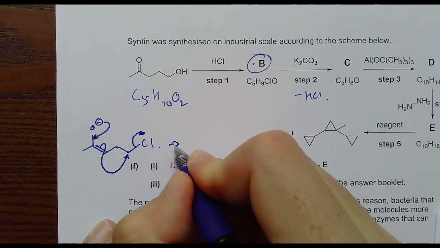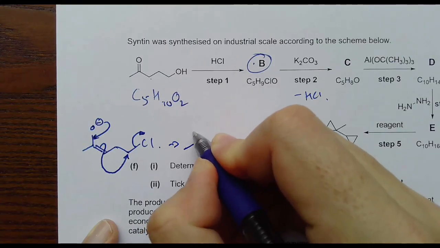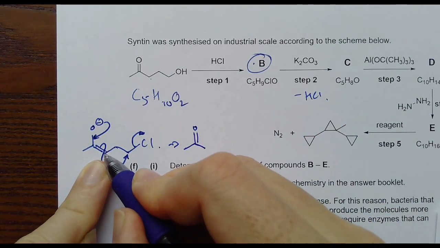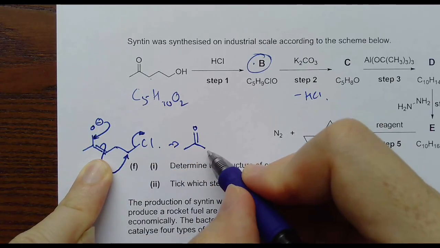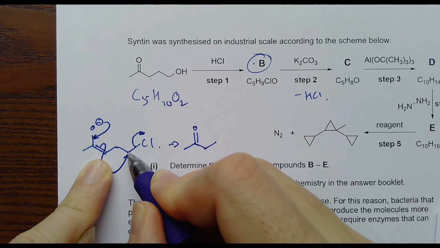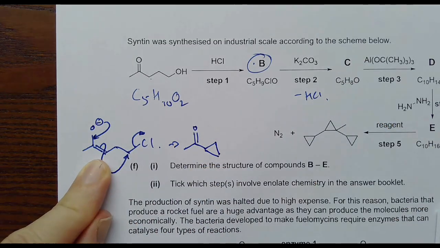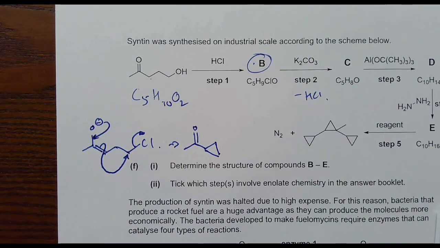Okay, so then let's just draw that product out. So that bit's easy, and then I come down to this carbon. Now this carbon is going to be bonded to this carbon, and it's now bonded to this carbon, which is also bonded to that one. Okay, so that is my product C.